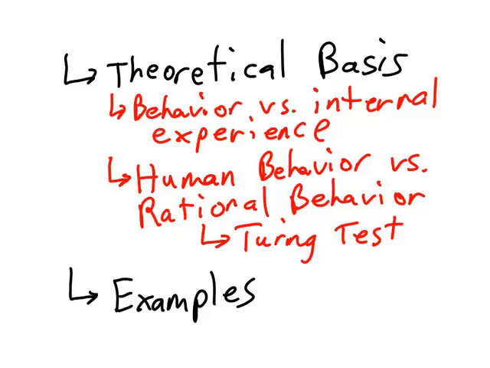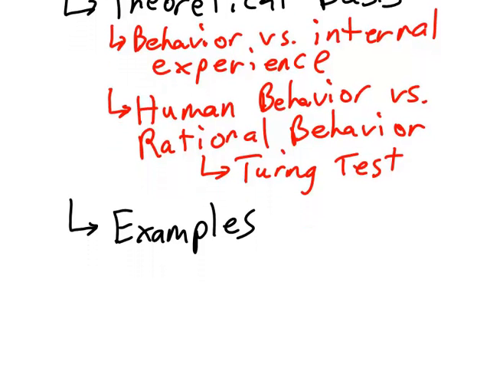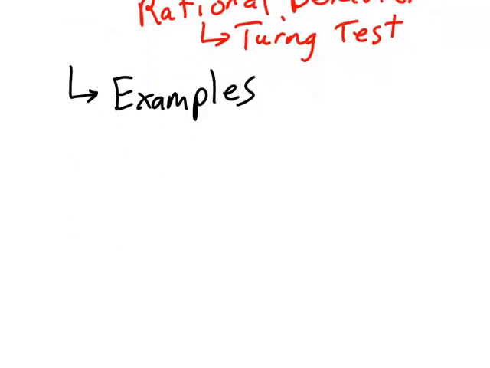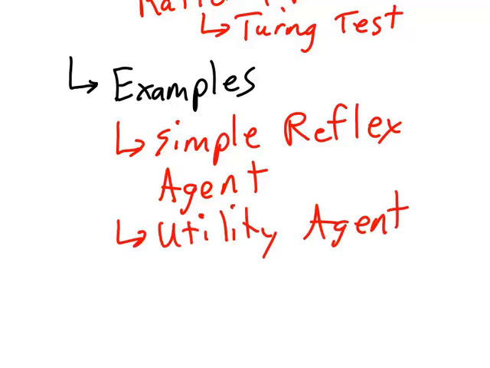We looked briefly at the Turing test as a way to determine whether an agent successfully exhibits human behavior. Then we looked at a couple of examples, including the simple reflex agent and the utility agent. The last example that I'm going to show here is a third kind of agent called a learning agent.